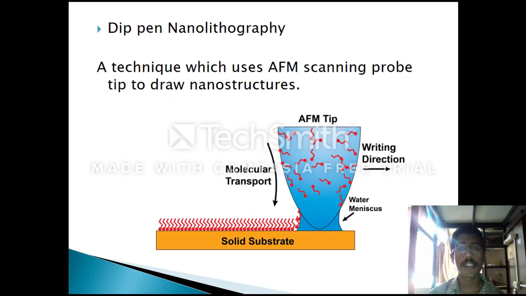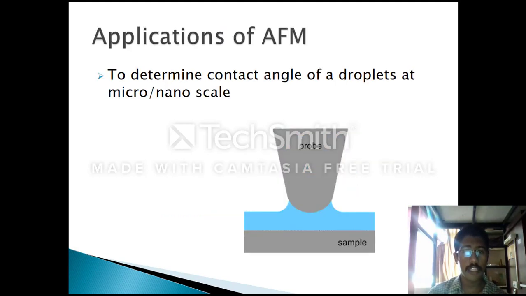The next application is nanolithography. This is nothing but a technique where we can use AFM to draw high resolution structures that we need for high-end electron related applications. We can see that the figure is almost similar to the previous one.